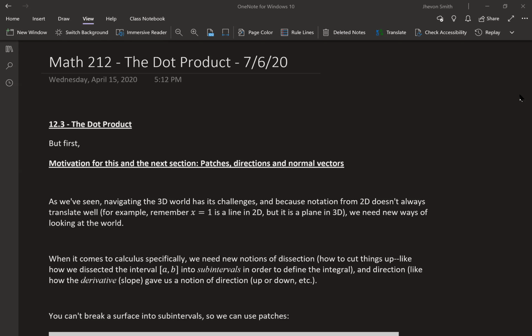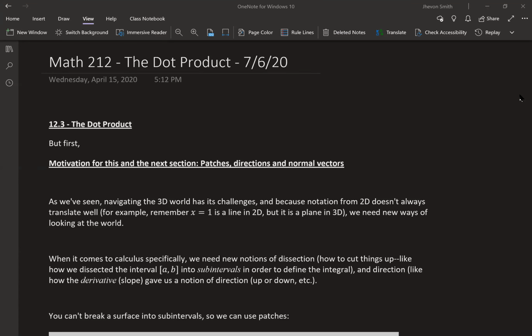Another issue is, remember when we're doing integration, right? How do we develop that? Well, we had some function that we wanted to find the area of. We dissected the input space, which for us was just the x-axis, into subintervals, right? And we wanted to find the area under a curve under this interval. So we took that interval, we dissected it into a bunch of subintervals, and what we did is we drew rectangles on that interval, right?